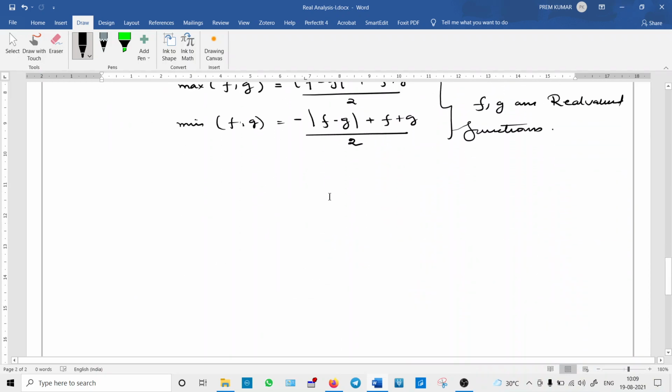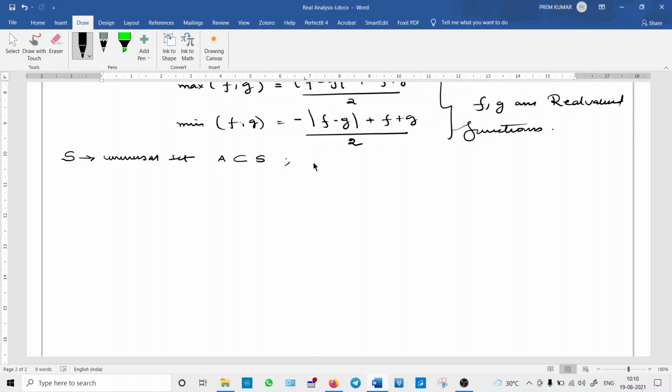Now the next definition. Before going to the next definition, whatever sets we are considering in this section, we define a universal set. This is called the universal set S. And whatever set we define, suppose A is a set, it's a subset of S. And the complement of the set A, that is A dash, is nothing but S set difference A. These are all basics.